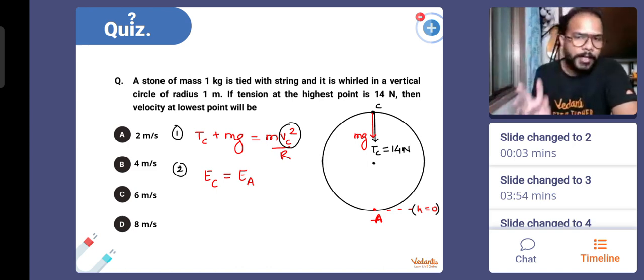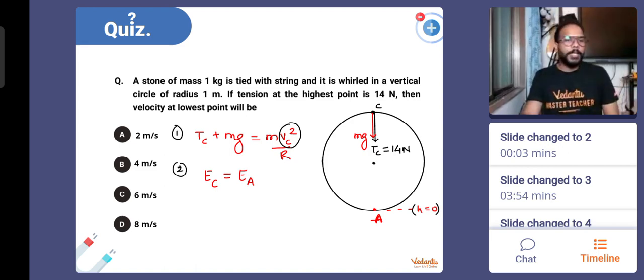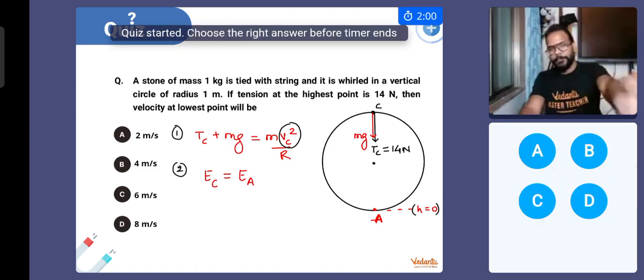This is a good question once again. It's a real good question, and without the hint, it would have been very challenging. Hence, I've given you the hint, and your time starts in 3, 2, and 1.